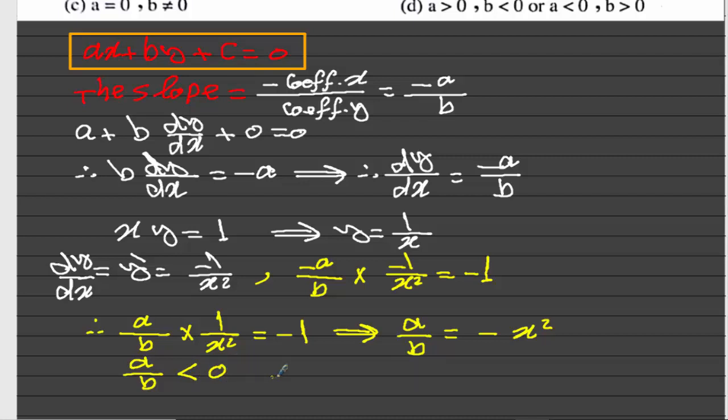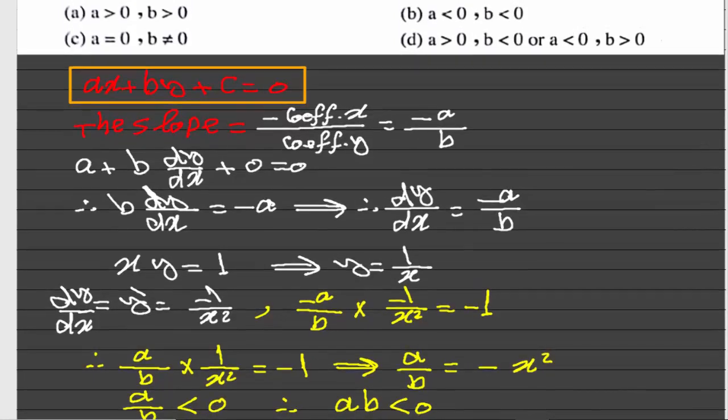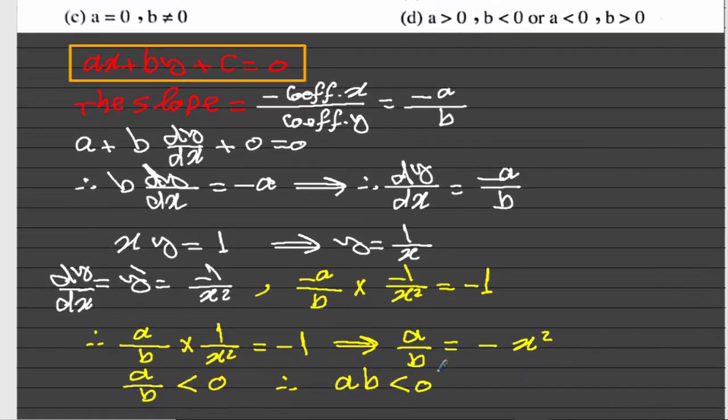So ab is also less than 0, and we choose letter D. That means a and b always have different signs, positive and negative, or negative and positive. So we choose letter D. Here a is positive and b is negative, or a is negative and b is positive. Always the product is less than 0.